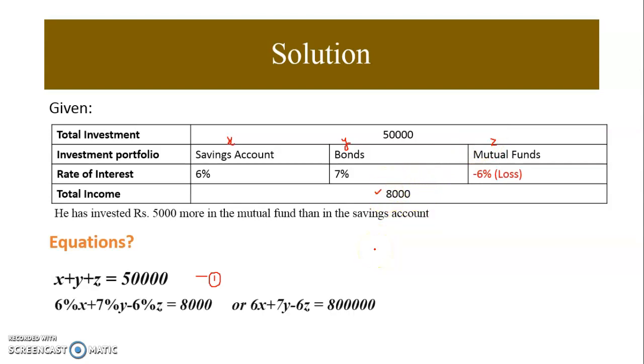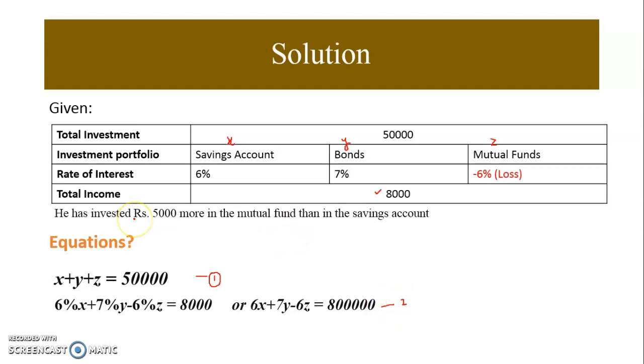So this is your second equation, that is 6% of X plus 7% of Y minus 6% of Z equals 8,000, and you can further make it convenient to solve. In order to make this equation convenient to solve, you can multiply each term by 100. Okay, so this is 6x plus 7y minus 6z equals 8 lakh. So this is your second equation.